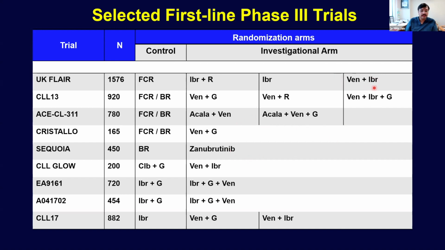For example, there's Ven-Ibrutinib as a randomized combination here, and there is Acala-Ven versus Acala-Ven-G, so we know doublet versus triplet. And then some of the newer trials actually do not have chemotherapy at all.